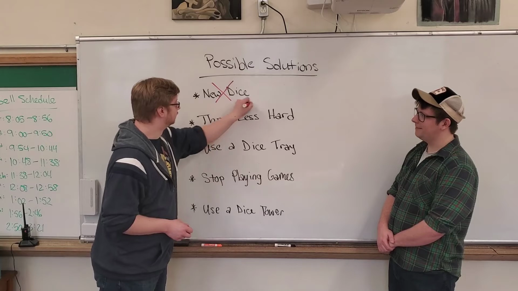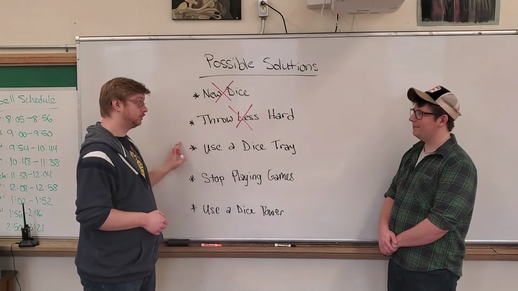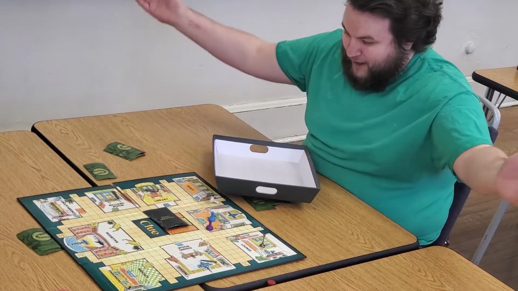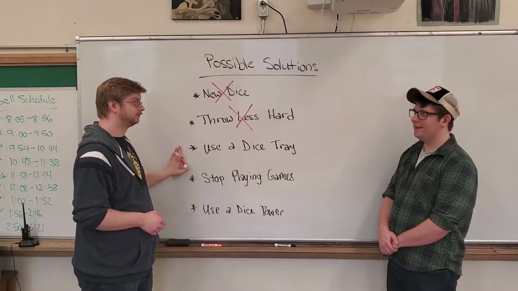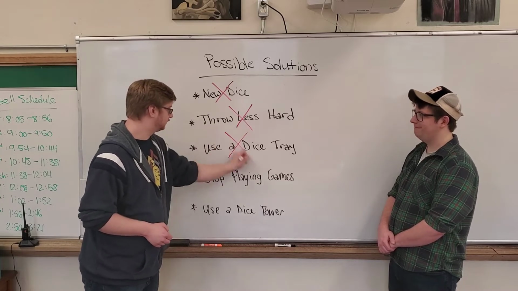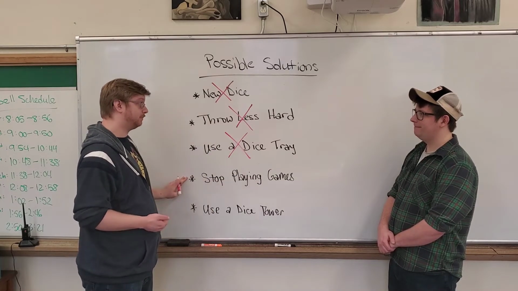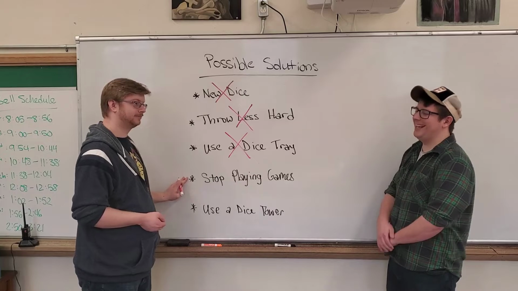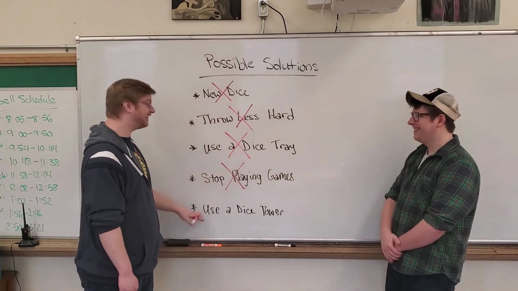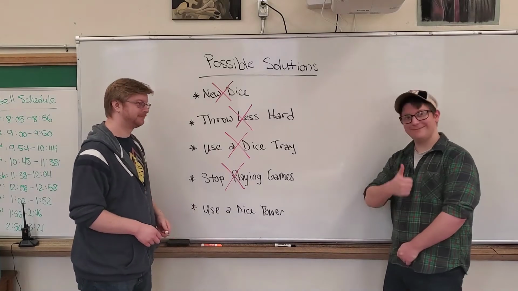All right. You could use a dice tray. What happened? Take up way too much room. You could just stop playing games altogether. I guess that leaves us with using a dice tower.